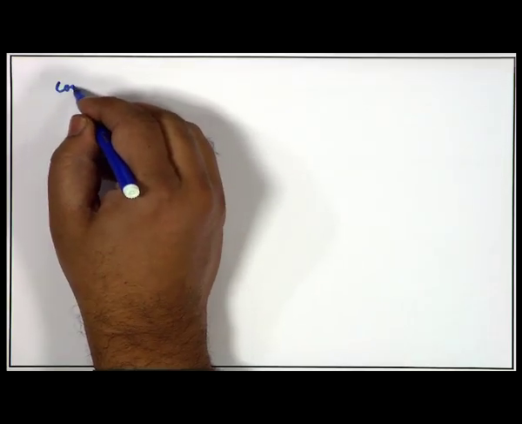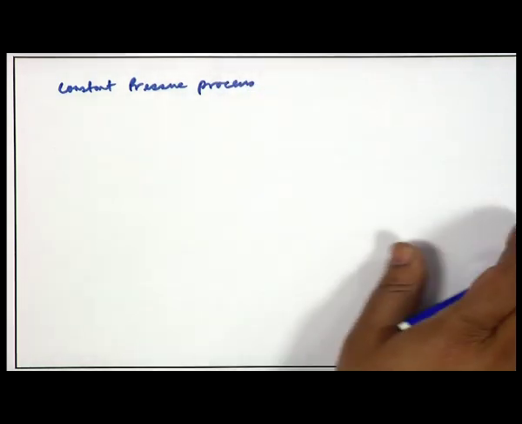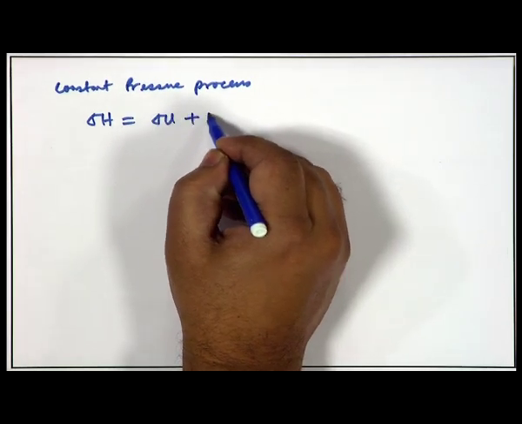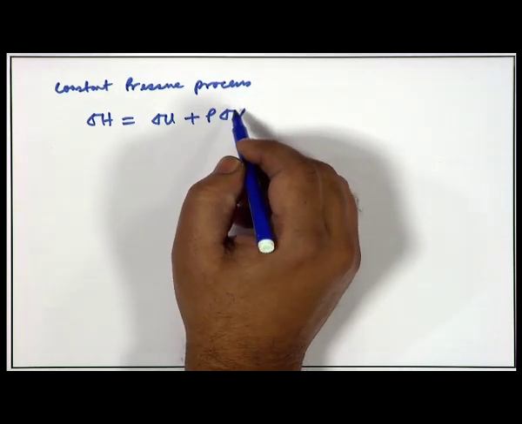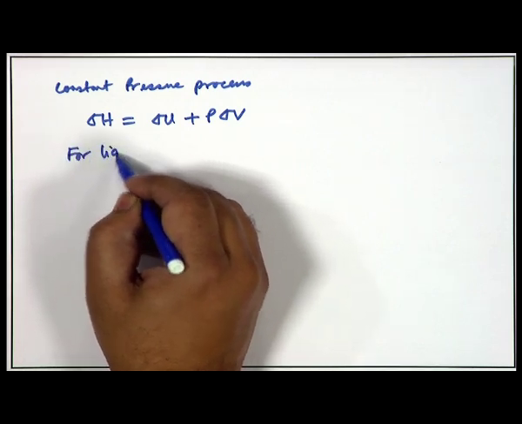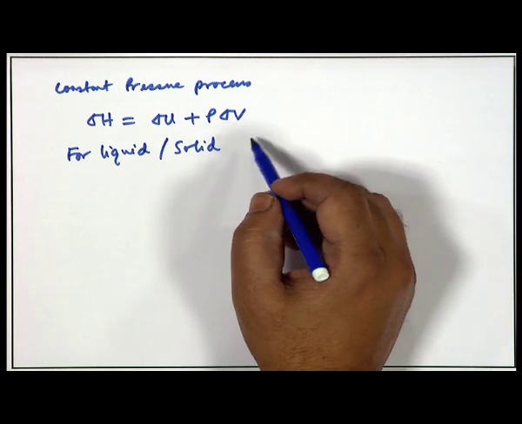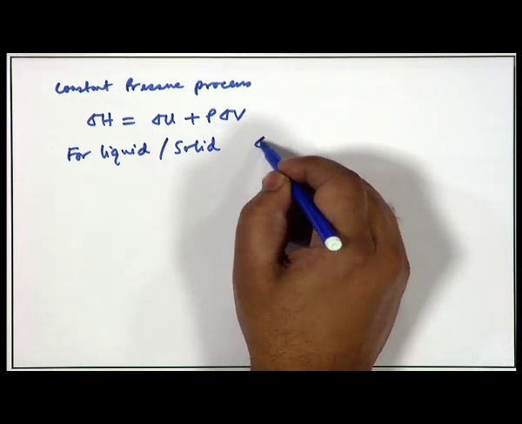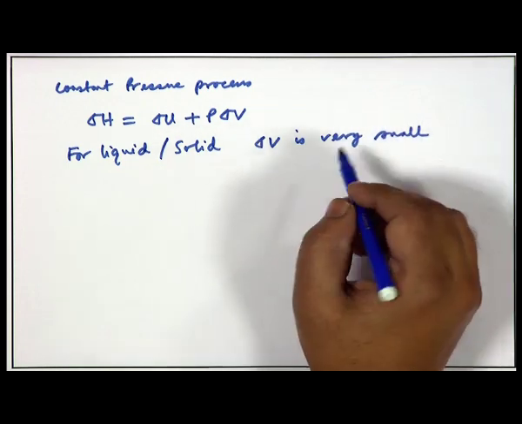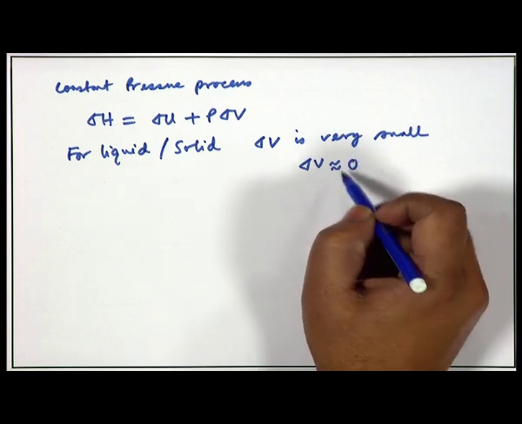Now, if we consider a constant pressure process again, del H from the definition is del U plus P del V. For liquid or solid, this change in volume is negligibly small, so we can consider del V to be 0.